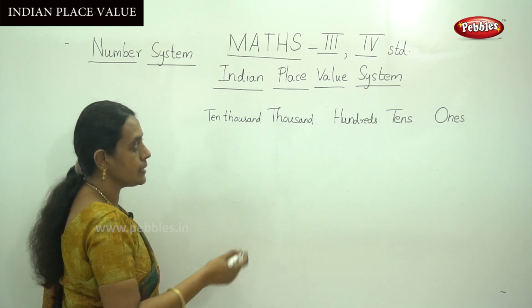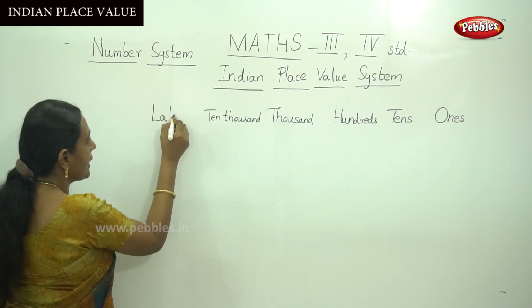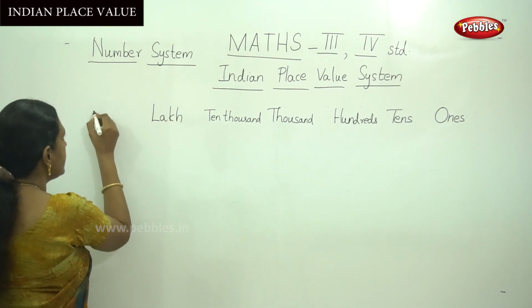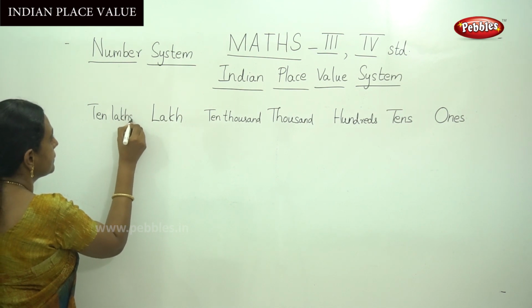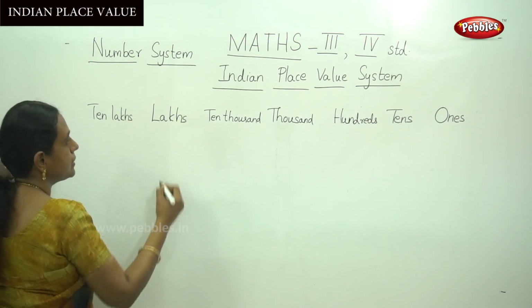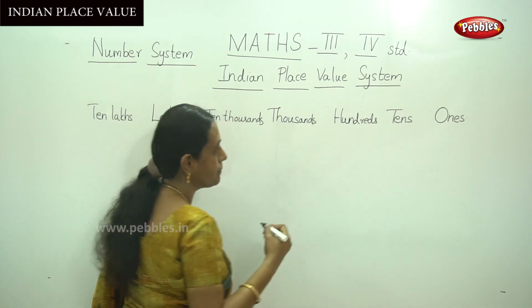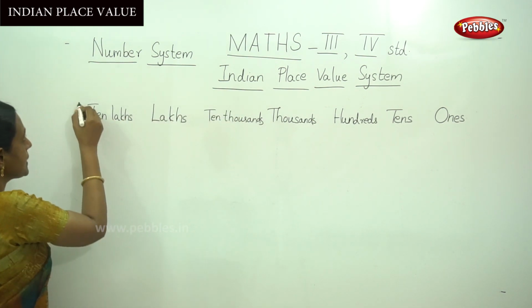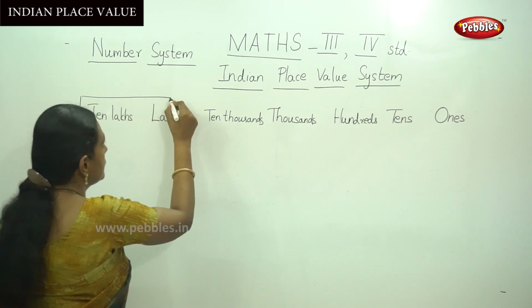Ones, tens, hundred, thousand, 10,000 and lakh, and again 10 lakh. We make it as a column and draw a line.